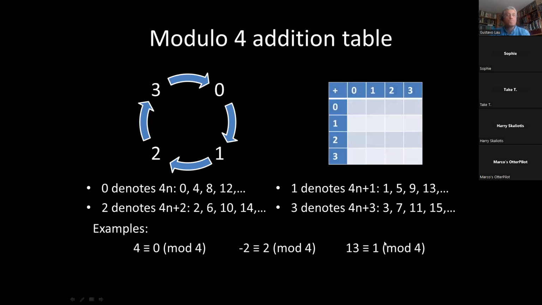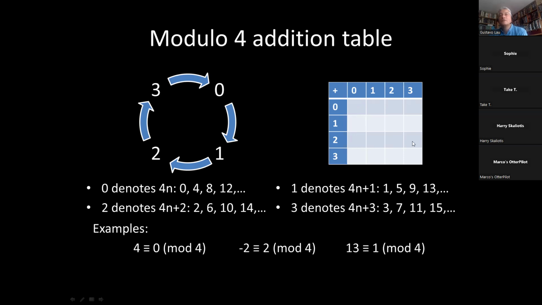Okay, Take, the first row here. First row 0, 1, 2, 3. Nicole, the second one. 1, 2, 3, and 0.